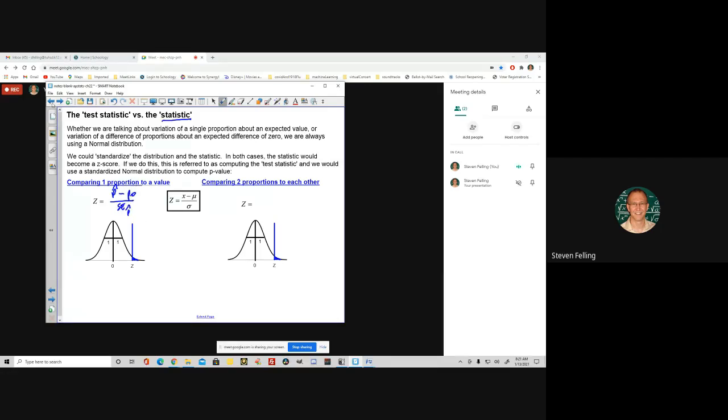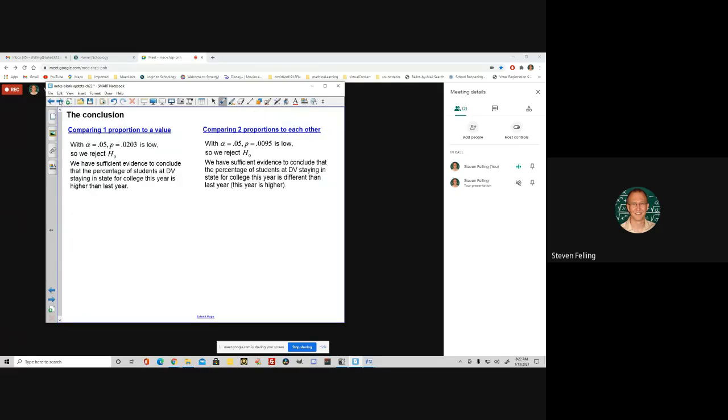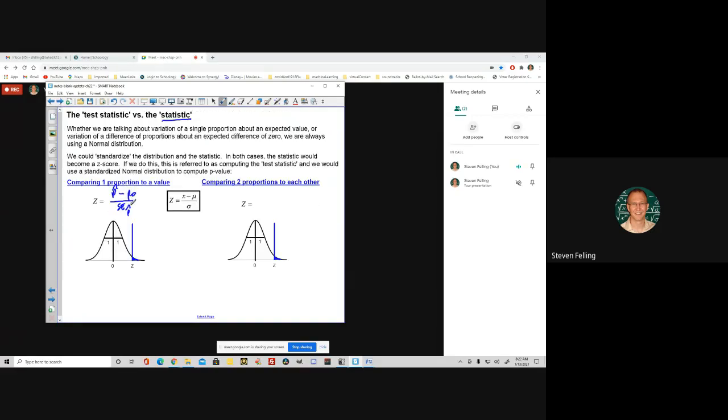So when we do this calculation where we would do normal CDF over here with the actual p, we can either use the actual p and the actual standard deviation, or we can convert to a z-score by taking the p hat value minus the null hypothesis value over the standard deviation, and then plot that z-score on a z-score distribution. You get the same proportion.